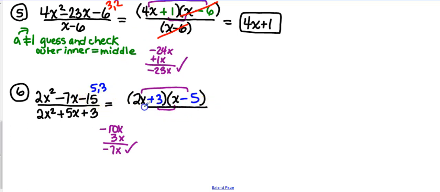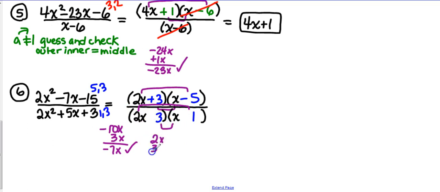Moving on to the denominator, I will set up the same parentheses. And now I can be a little strategic because I'm dealing with 3, and the only factors are 1 and 3. So if I'm going to have factors cancel, this has to be 2x plus 3. So I'm going to try first to see if putting 3 here will work because then I would be able to cancel. So let's see. Outer gets me 2x.